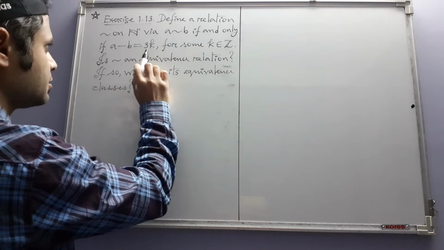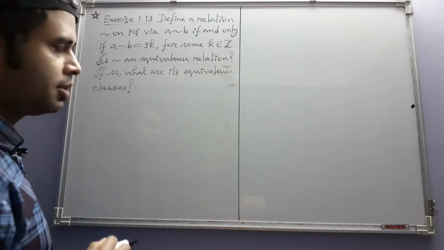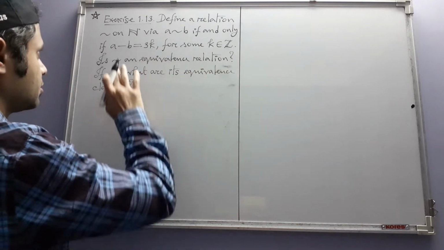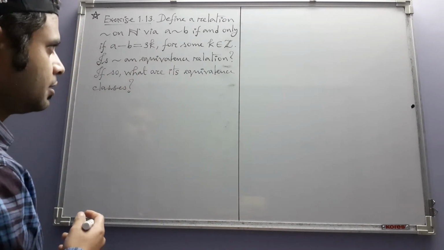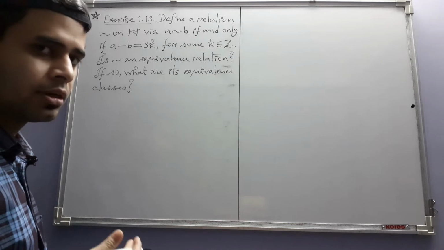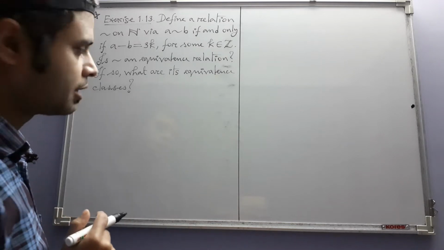That is, if their difference is 3k, where k is some integer. First, the exercise asks if this is an equivalence relation, and if it turns out to be an equivalence relation, we have to figure out its equivalence classes.